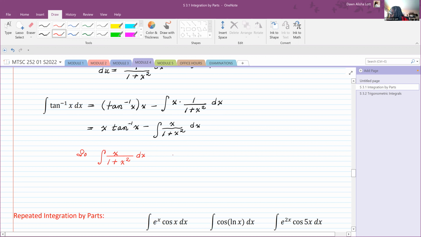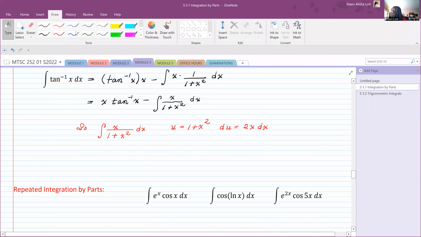For this one, I'm going to let u equal 1 plus x squared. du is equal to 2x dx. So now I'm just doing a regular u substitution.